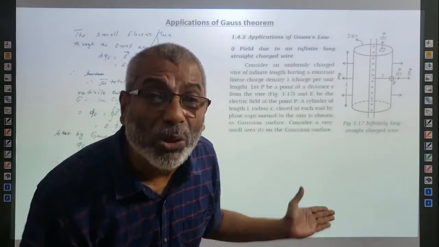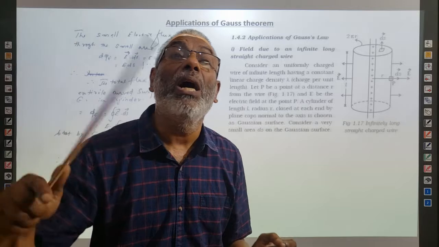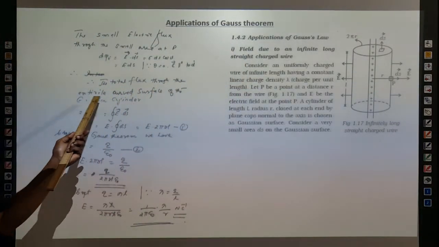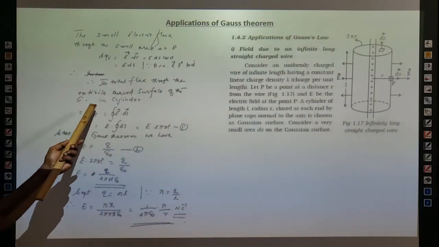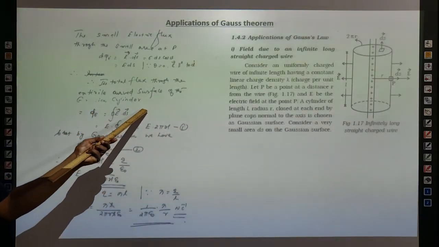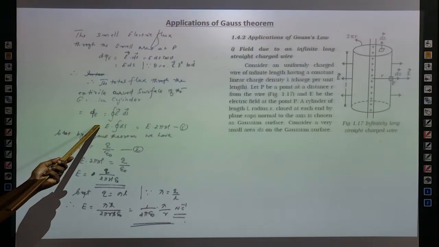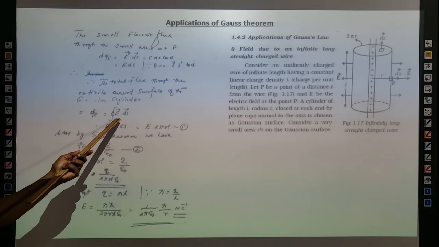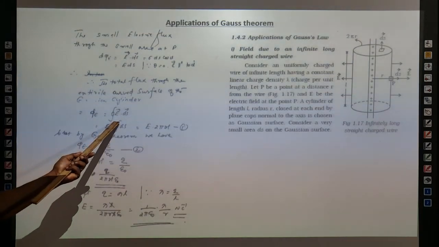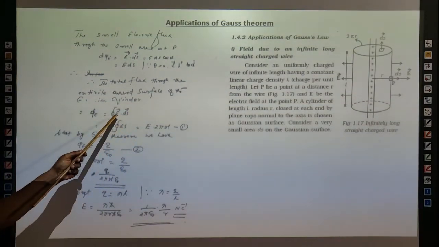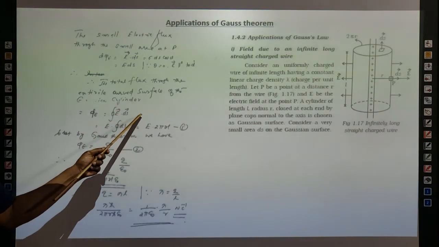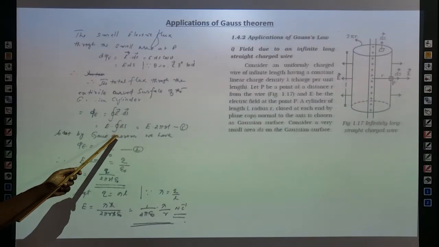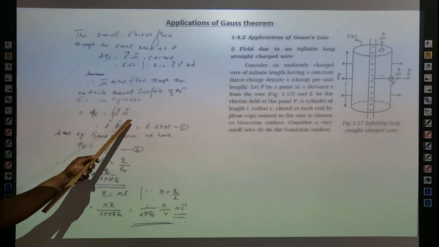The total flux through the curved surface of the Gaussian cylinder is phi E, which is the surface integral of E dot ds. That is equal to E times the integral of ds.